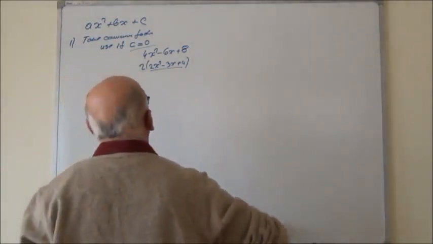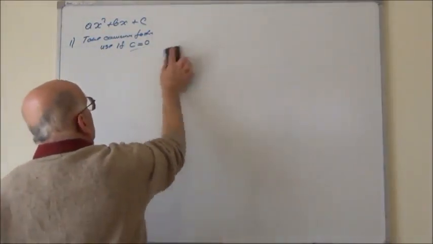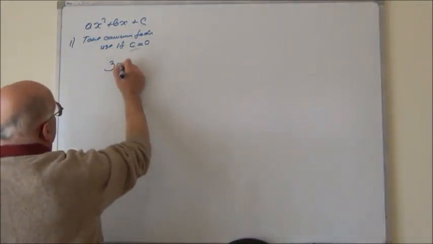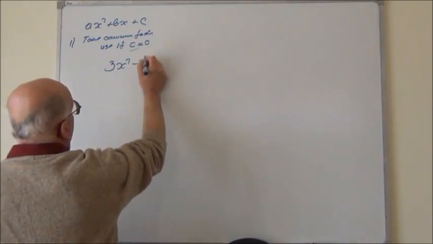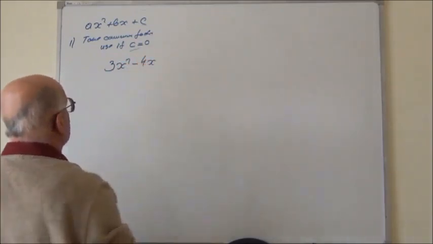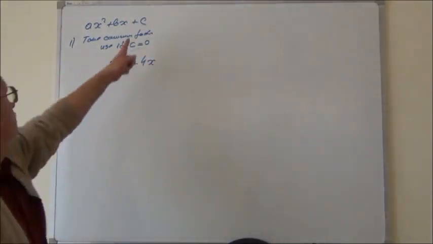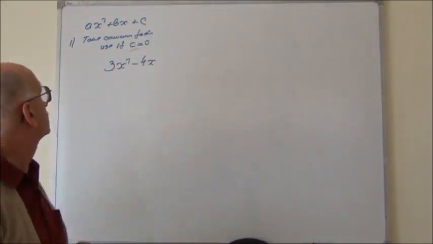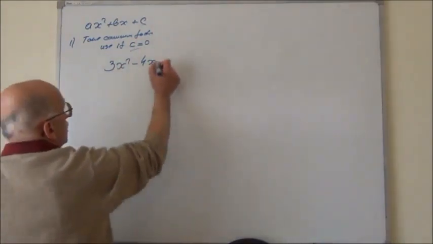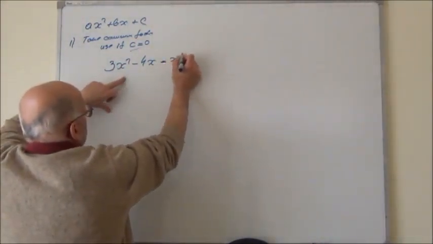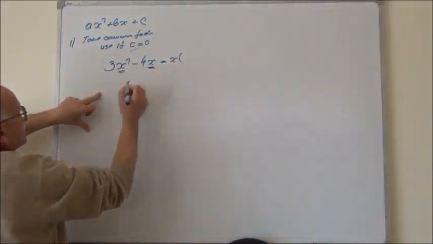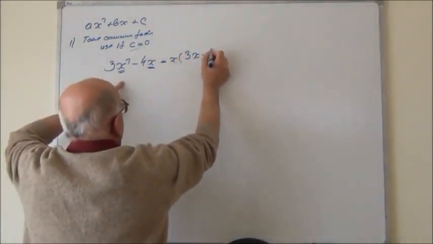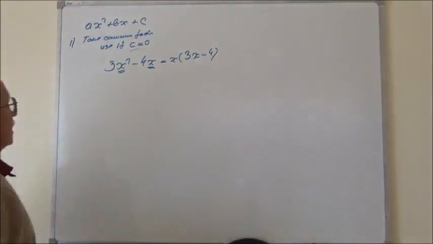For example, if we have, let's say, 3x squared minus 4x to factorize, obviously c is 0, we don't need to write it, and we have just those two terms. And now simply taking common factor x, because we have x and x, it will be x times 3x minus 4.